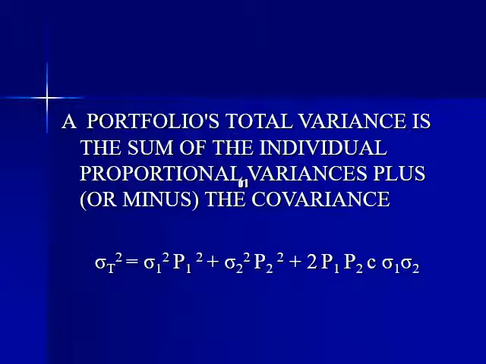And it's equal to the variance of investment one, sigma one squared, times the proportion of investment one within the portfolio squared, plus the variance of investment two times the proportion of investment two in the portfolio squared. Then we add another component.